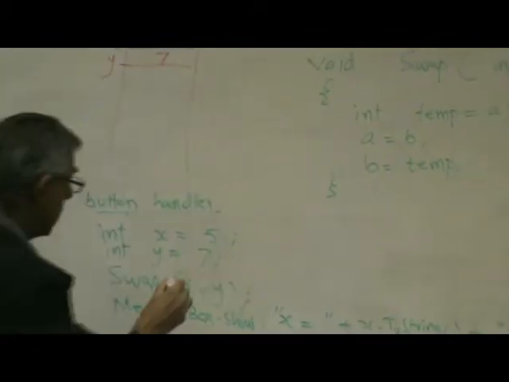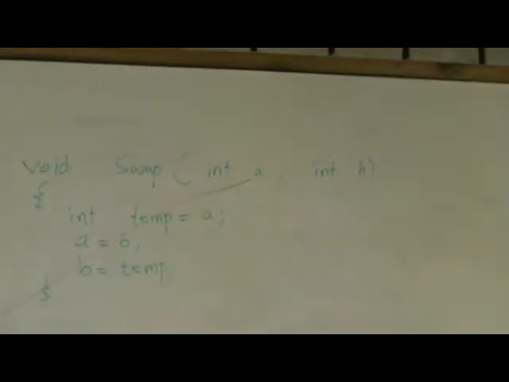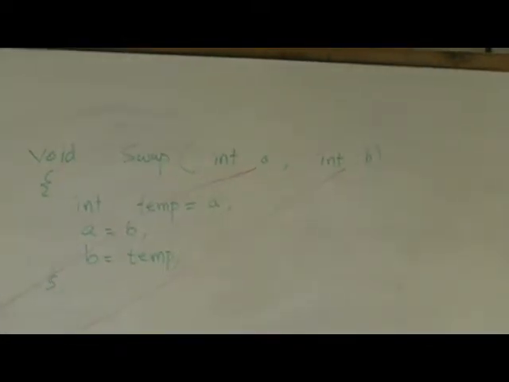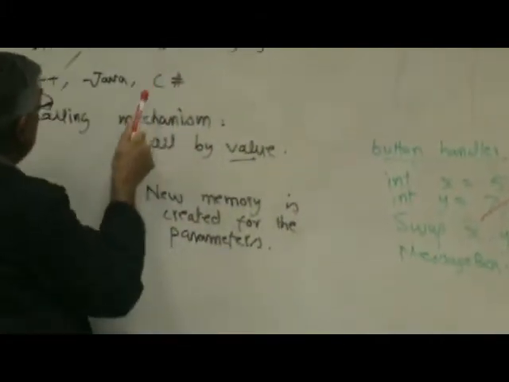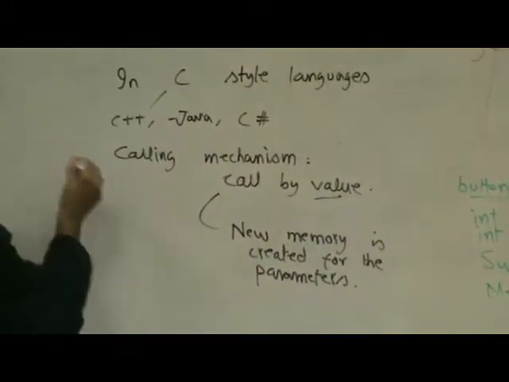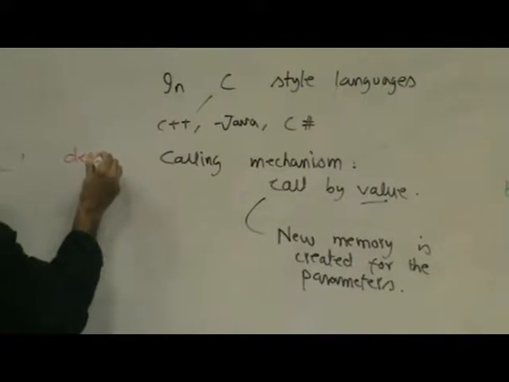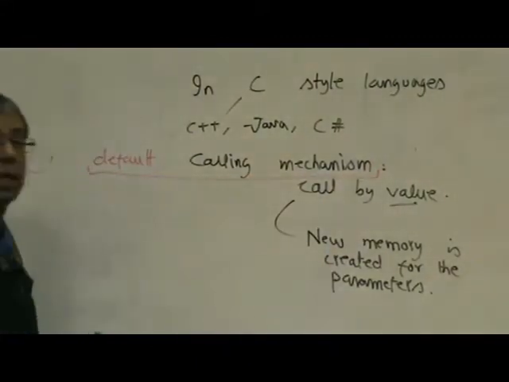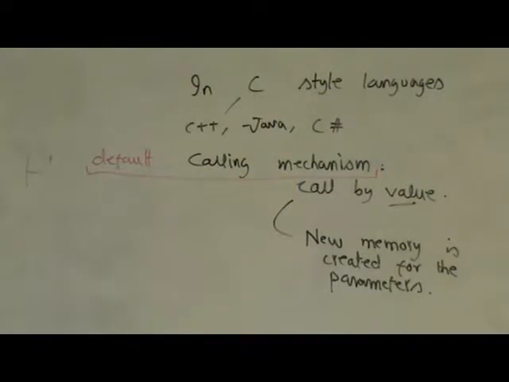X corresponds to A, and Y corresponds to B, so there's a one-to-one correspondence. This is the default mechanism. We can change it, but if we don't do anything special, it will do call by value.